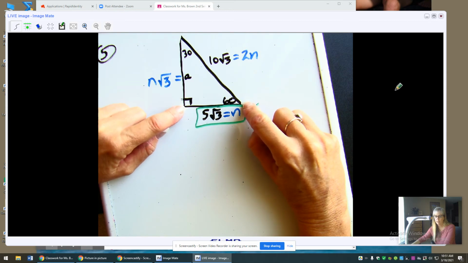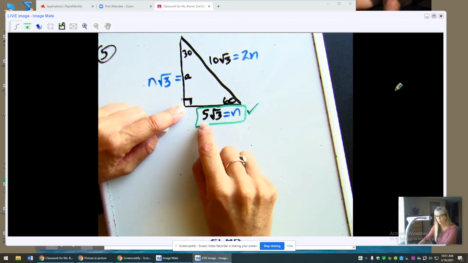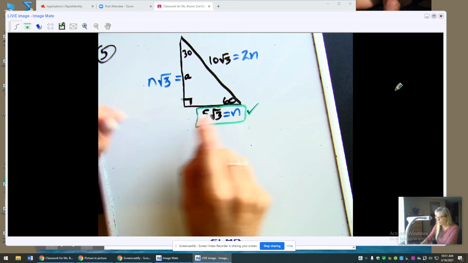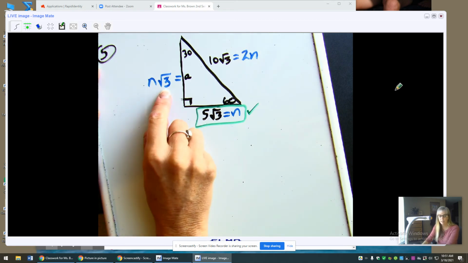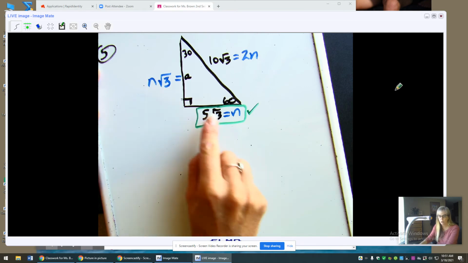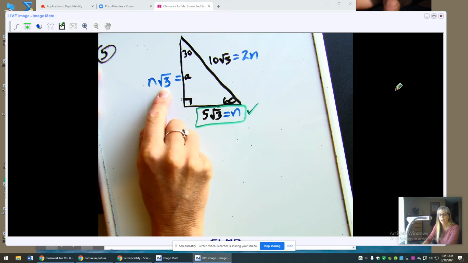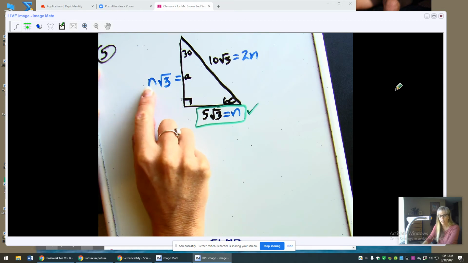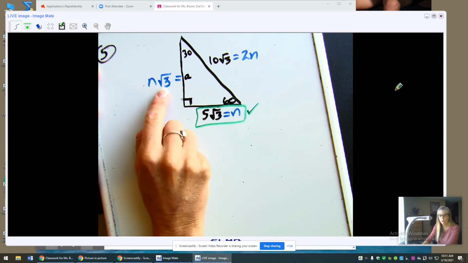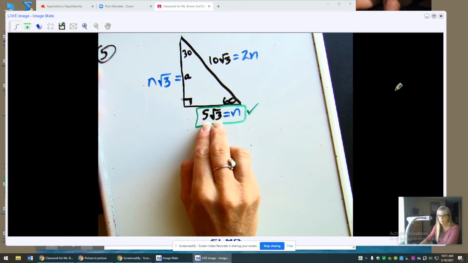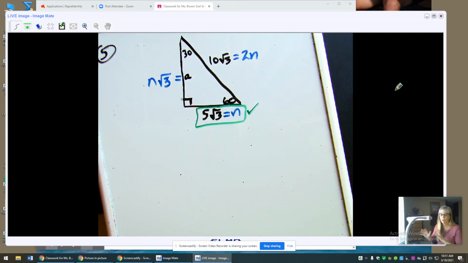This side length is a distance of 5 times the square root of 3. This square root of 3 is not a distance. It's a relationship with the short leg. It is the square root of 3 times longer than the short leg. This one's a relationship. This one is a distance. They have two different kinds of meanings in this problem.